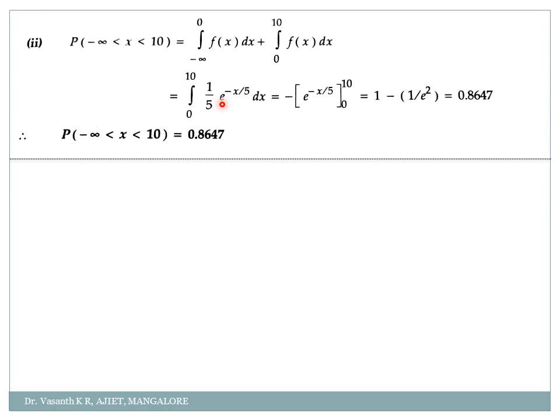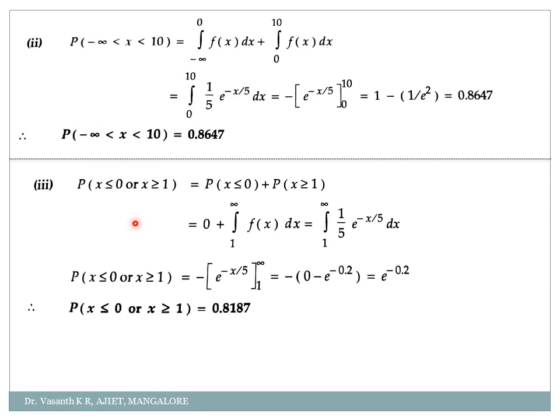Then integrate it, you will get the answer as 0.8647. Are you clear with this point, my dear students? See, the exponential is always defined for the positive values, that is from 0 up to infinity. So here they had asked me from negative to 10, but from minus infinity to 0 we know that its value is 0 directly. From 0 to 10 we have to integrate, that's it.